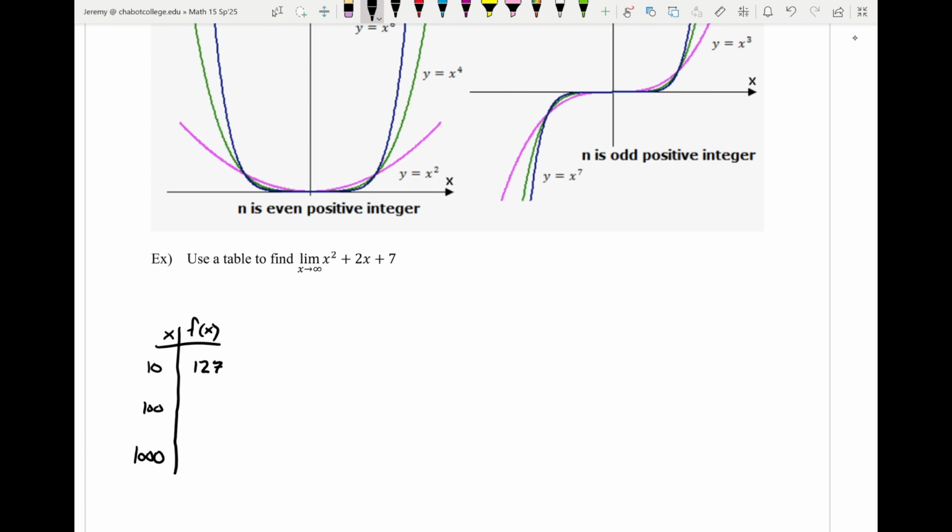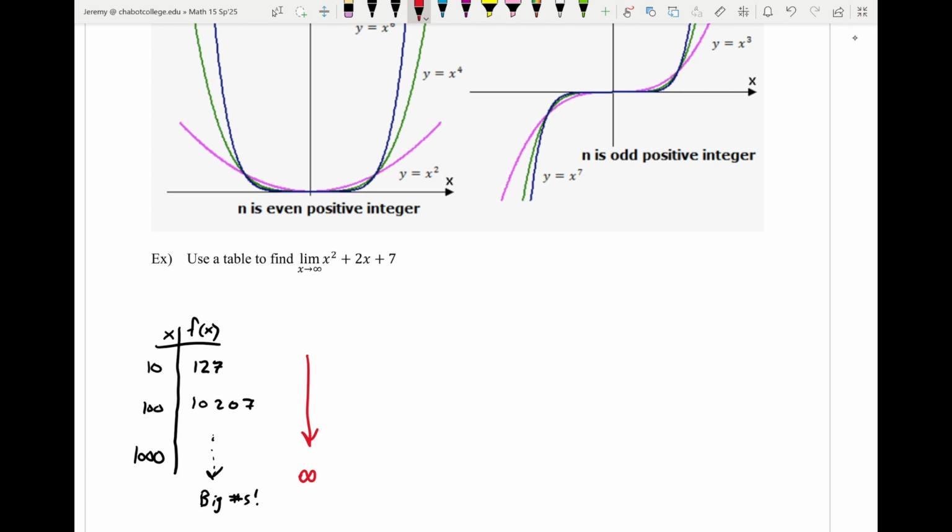I did this on my calculator earlier. 100, I got 10,207. I didn't even bother with 1,000. You could see that this is getting really big, right? These are big numbers. So it looks like this limit is going to positive infinity.